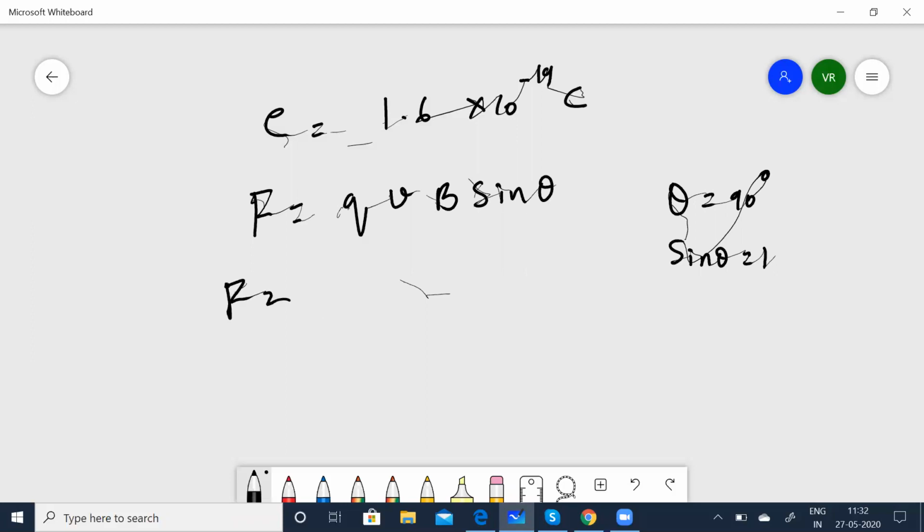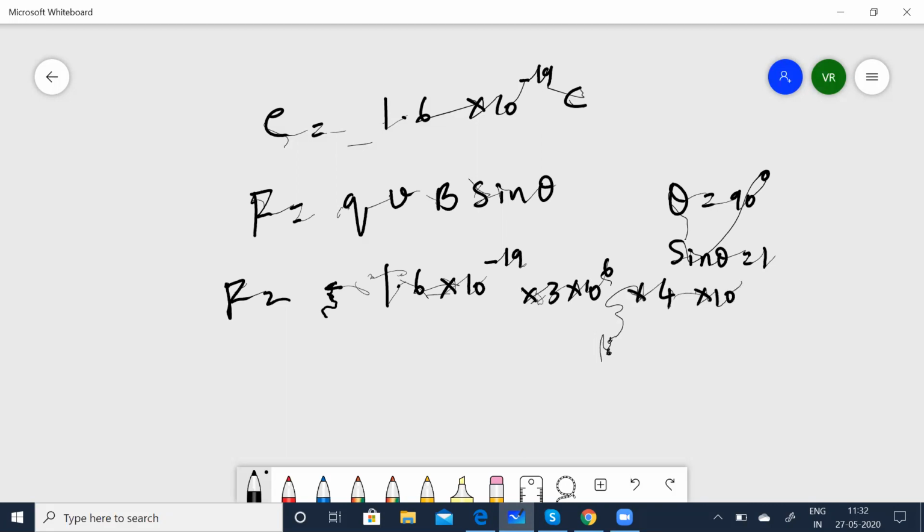So, F is equal to Q, which is minus 1.6 into 10 to the power of minus 19, into V, which is 3 into 10 to the power of 6, into B, which is 4 into 10 to the power of minus 2. Having known all the values, now we can quickly simplify this.